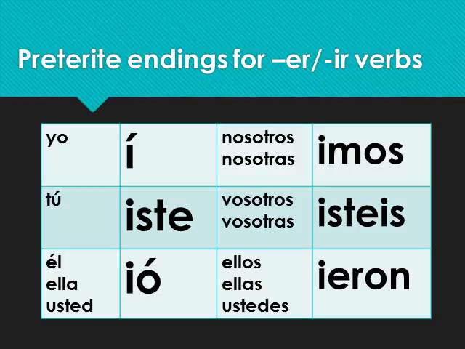So the yo form is "í" with an accent mark over the i. Tú form is "iste." The él form is "ió." Okay, accent mark over the o, not the i on this one. Nosotros, nosotras is "imos." Vosotros is "isteis." And ellos, ellas, ustedes is "ieron."